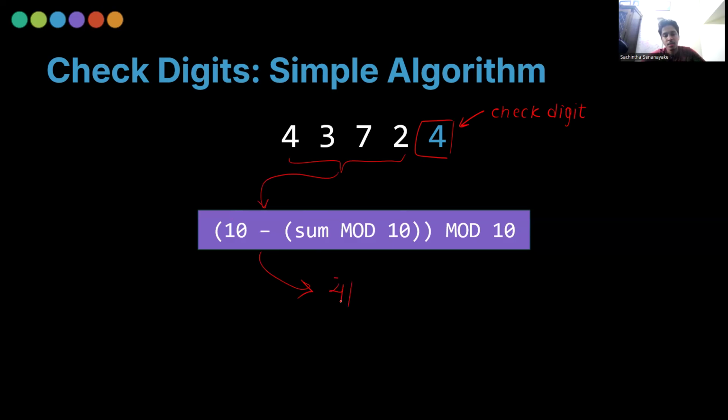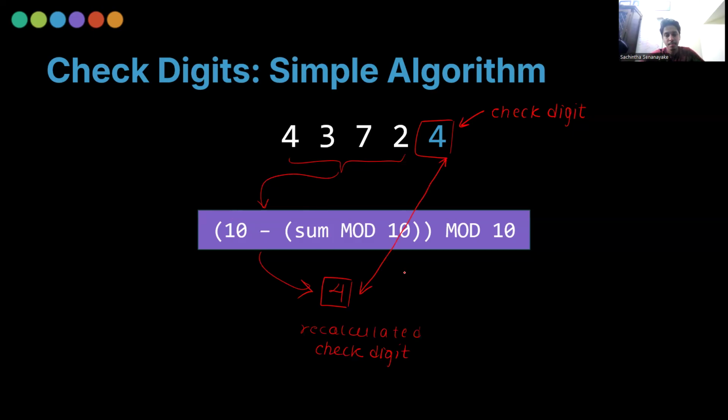Then, hopefully if you use the same data and if the data hasn't been tampered with, you'll end up getting a 4. And if you compare the 4 that you recalculated, this is a recalculated check digit, with the original check digit that was sent to you.